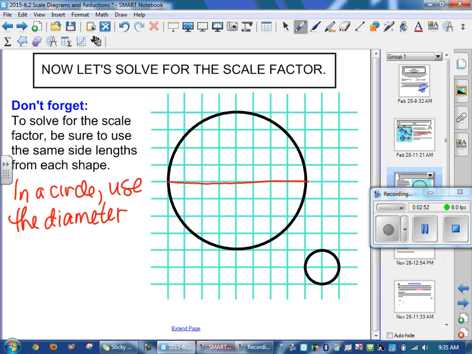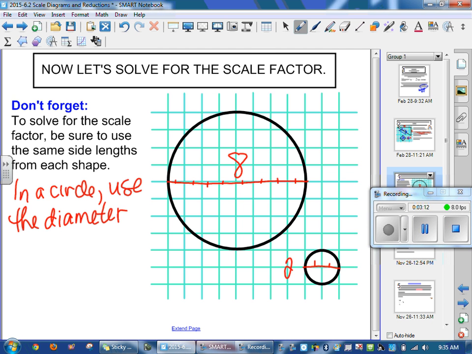Let me write our diameter down. How big is our diameter here, guys? 8. Good. Now take a look. Just count your lines here. So you got 1, 2, 3, 4, 5, 6, 7, 8. Over here, you're going to go across the same thing. You've got 1, 2. This guy becomes a 2.